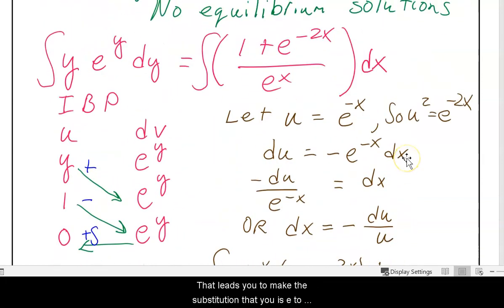That leads you to make the substitution that u is e to the negative x, so u squared is that e to the negative 2x. Taking the derivative, of course, simply gives you the same function with a negative 1 as a constant with the differential dx. That means that when you solve for dx, you get negative du over e to the negative x. But since e to the negative x is our value of u, you can write dx as negative du over u.